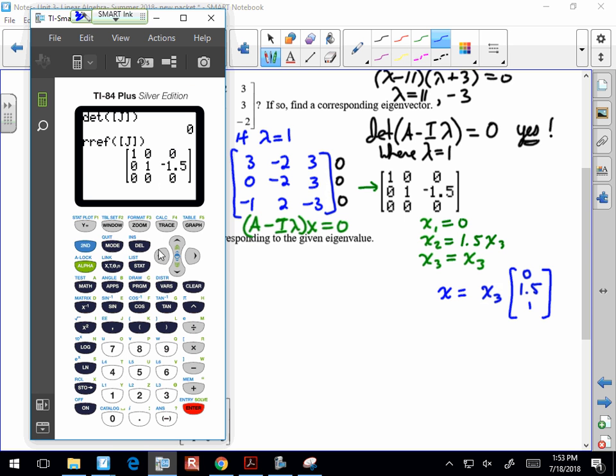I'm dreading going back to this calculator because ever since I put the program in, it's been running so slow. Oh, this is already manipulated. All right, so let me put in my original matrix.